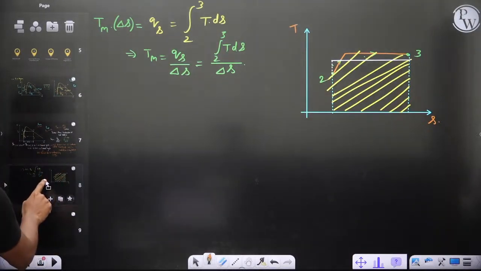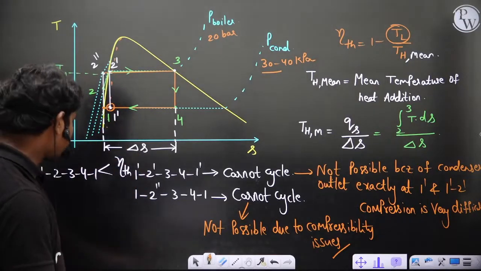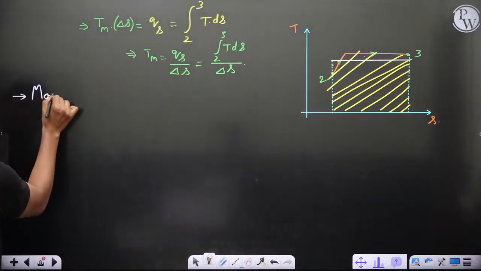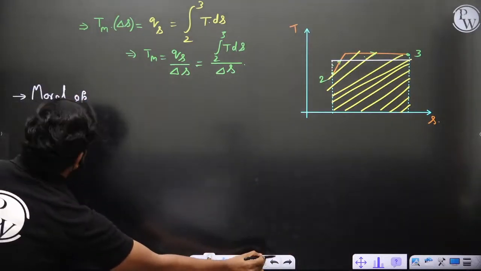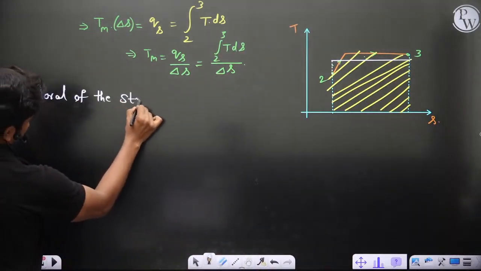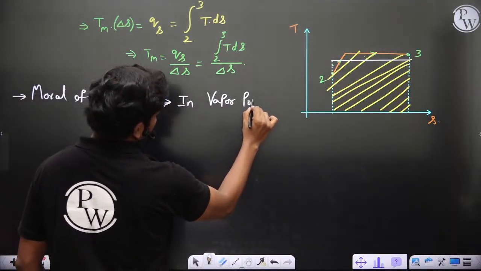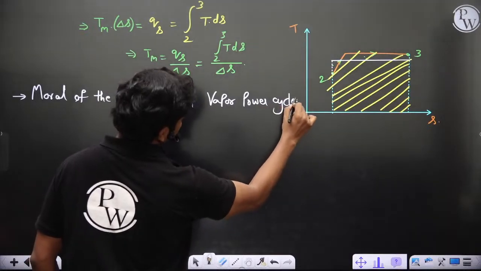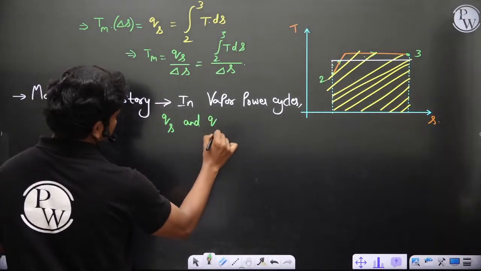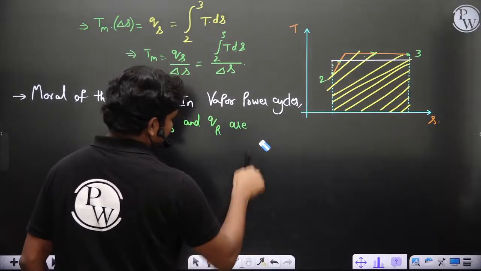Okay, so now let's continue. This is for the mean temperature of heat addition, and we are talking about this. So 1, 2 double dash, all the cycles of it. One thing that you could understand, the moral of the story, is that in vapor power cycles, heat addition and heat rejection are not isothermal, or can't be isothermal in general.